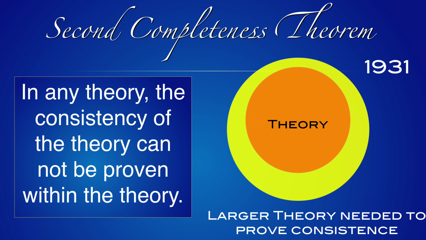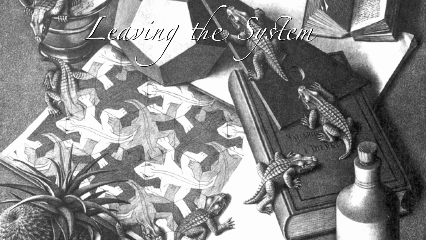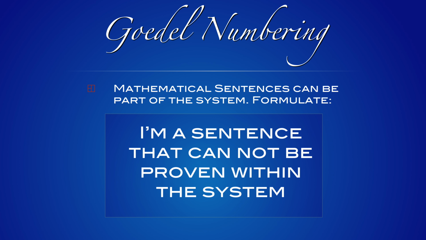The second incompleteness theorem tells that in any theory, the consistency of the theory cannot be proven within the theory. So one needs a larger theory than ZFC, for example, to prove that ZFC is consistent. So one has to leave the system.